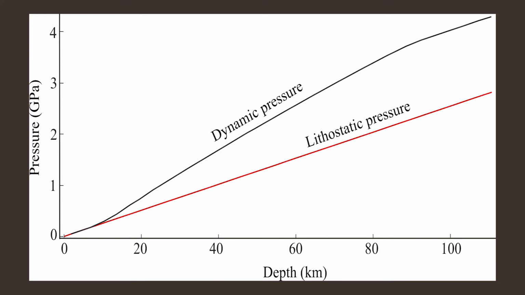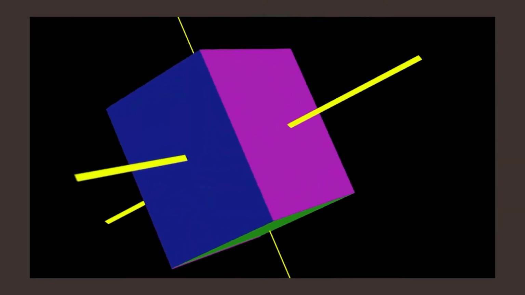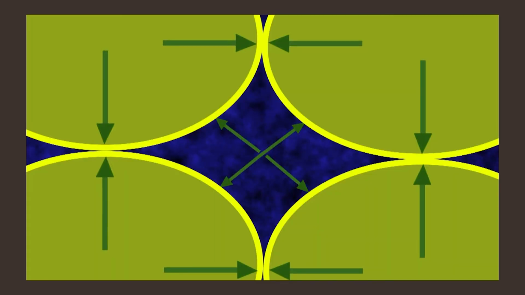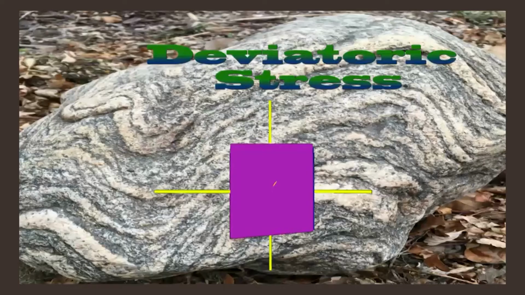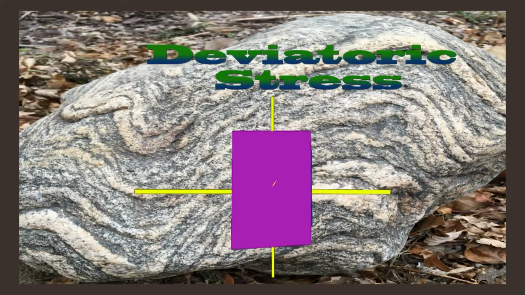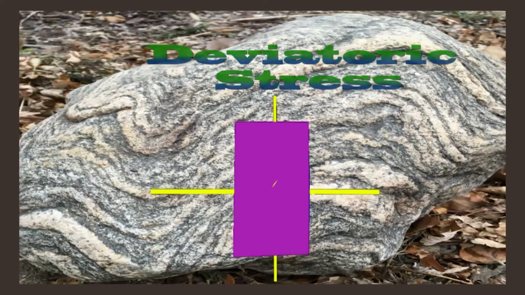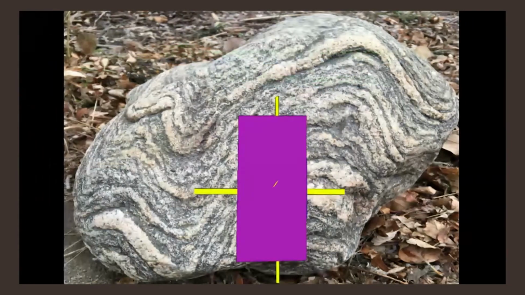Pressure is defined as the force acting equally from all directions. It is a type of stress called hydrostatic stress or uniform stress. If the stress is not equal from all directions, then the stress is called a deviatoric stress or differential stress.